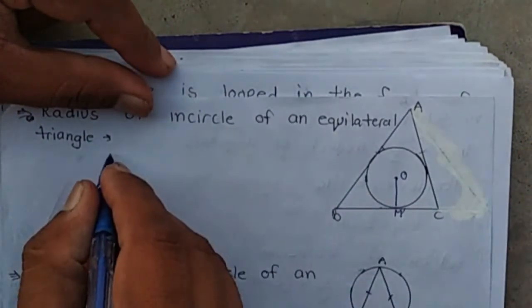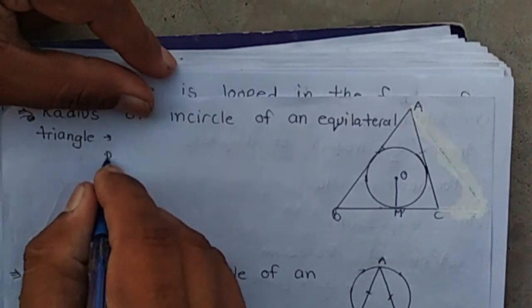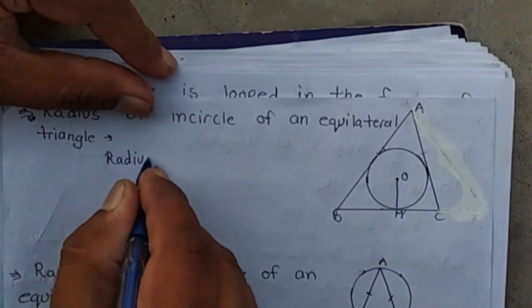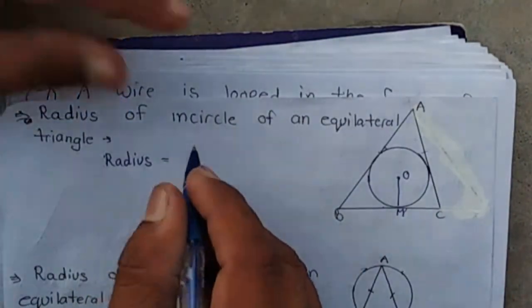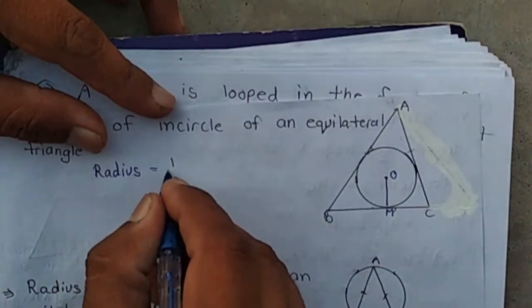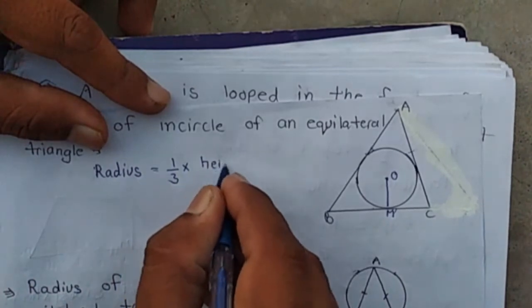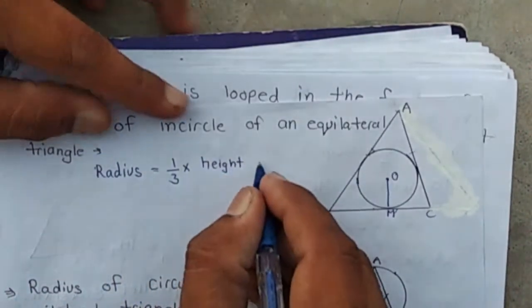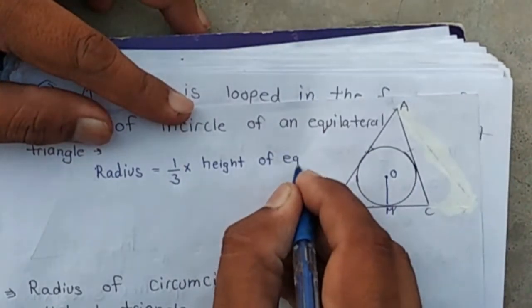Then its radius is 1/3 of the height of the equilateral triangle.